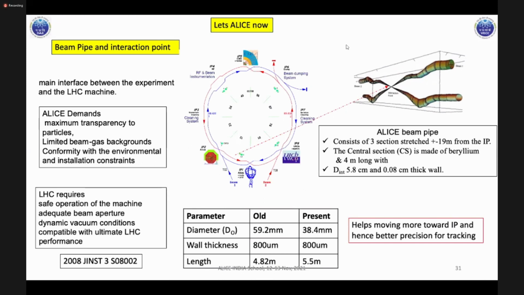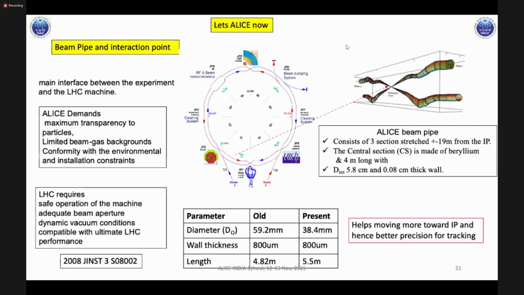So before understanding the ALICE detector, it is better to have a little information about what this beam pipe looks like. I have zoomed in on the crossing point in this schematic on the right side, where two beam pipes cross at a very, very fine point, which is called the interaction point.